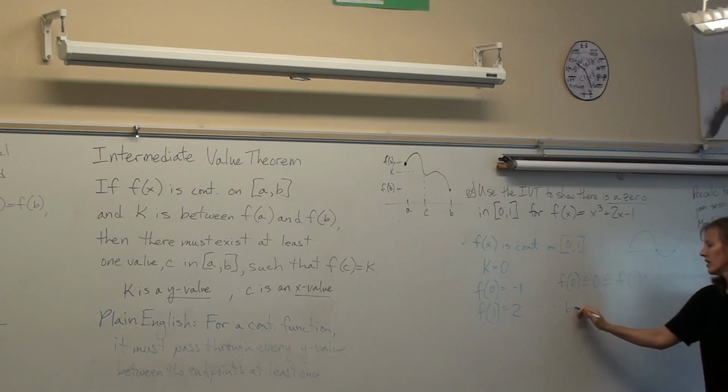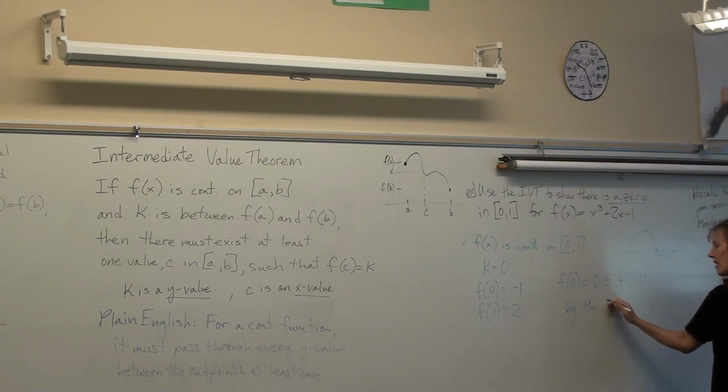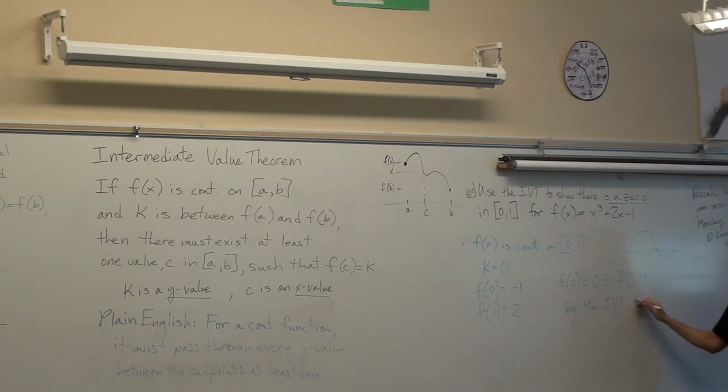Therefore, by the IVT, there must be a 0 for f of x in the interval 0 to 1. It didn't ask you to find it. If it did ask you to find it, we'd have to set this function equal to 0 to find what x values were, but it's a cubic and I'm not going to ask you.